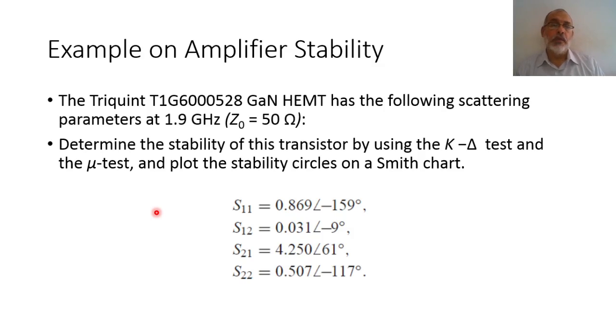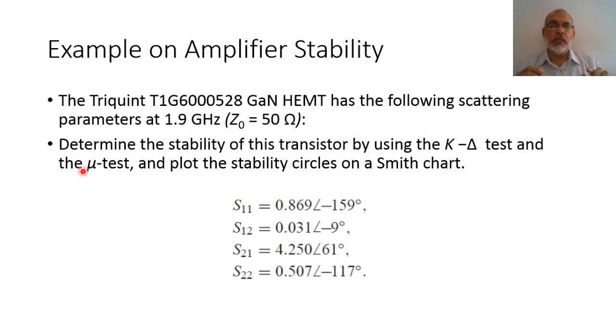As an example, we say that we have a gallium nitride high electron mobility transistor with the following scattering parameters at a frequency of 1.9 gigahertz. These scattering parameters are measured or calculated with respect to a characteristic impedance of 50 ohm. It is required to determine the stability condition of this transistor based on the K delta test and the mu test.